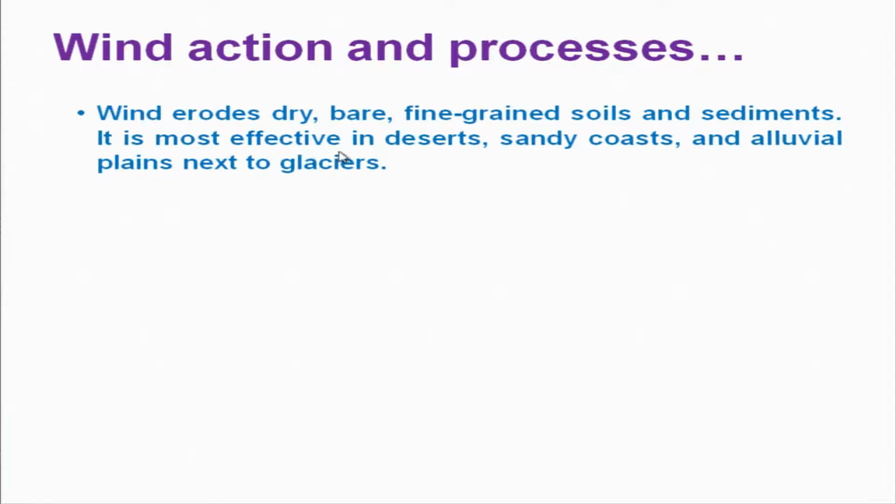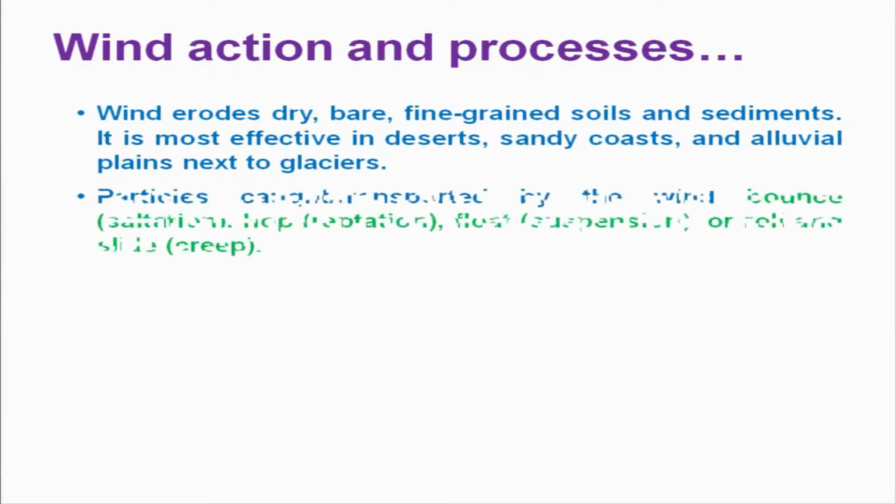It is most effective in deserts. So wind erodes mainly dry material, and this is more effective in deserts, sandy coasts and alluvial plains, next to glaciers. Particles transported by the wind bounce, which is what you call saltation; hop, which is reptation; float, which is suspension; and roll and slide, which we call creeping.